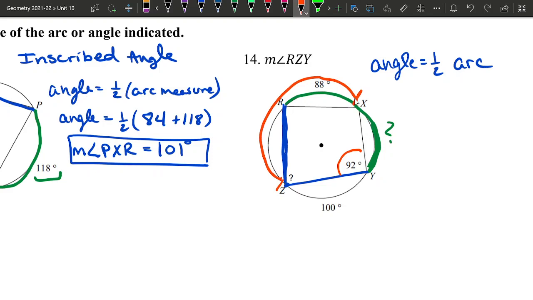And so then I can solve for this missing piece, which I'm just going to call T. All right, so the angle 92 equals 1/2 of T plus 88.